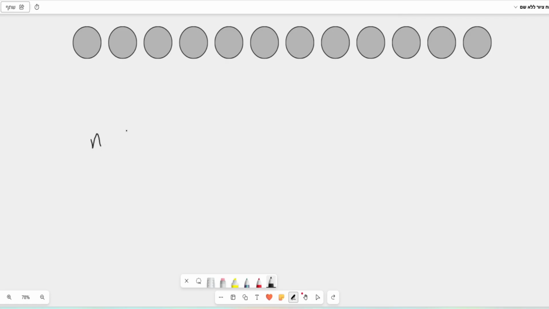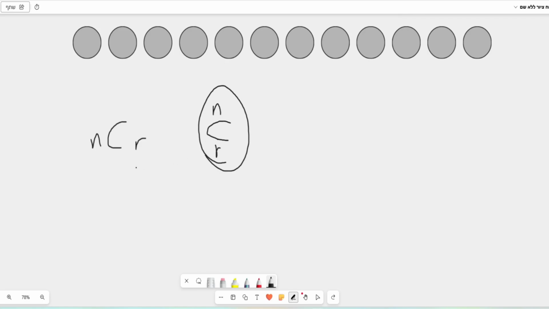N choose R can be written as N and then capital C and R. This R kind of looks like an N. It can be written as N C R like this, and it can be written as N and R in parentheses. This is the one I'm gonna use just because I think it's the most visually pleasing.